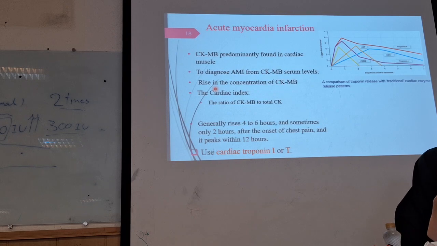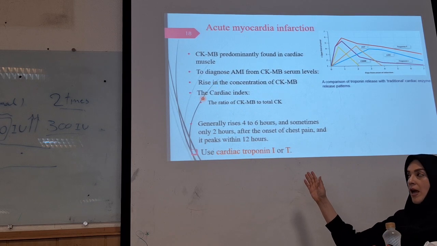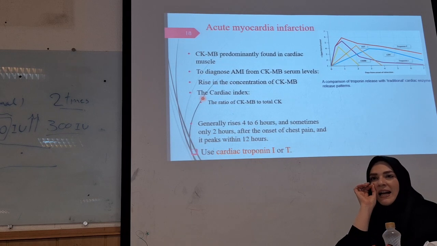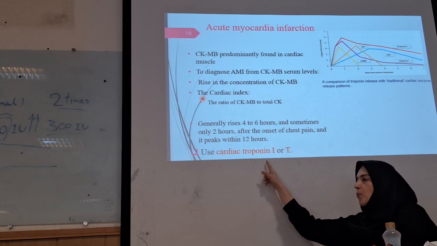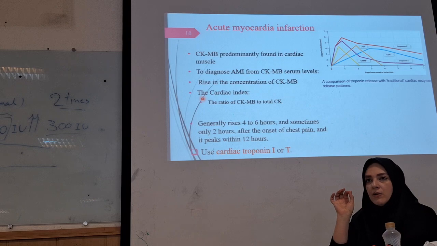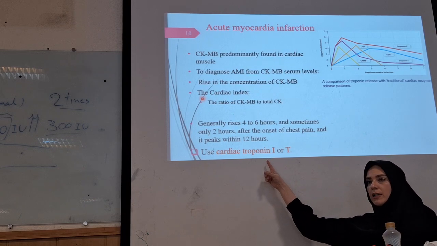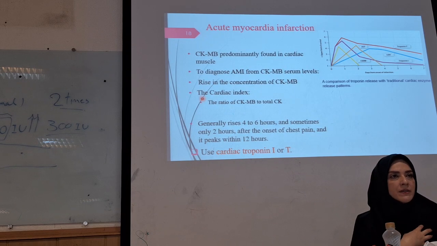In the gastrointestinal tract, we have this enzyme. But for troponin, 100% of this molecule is found inside the heart.